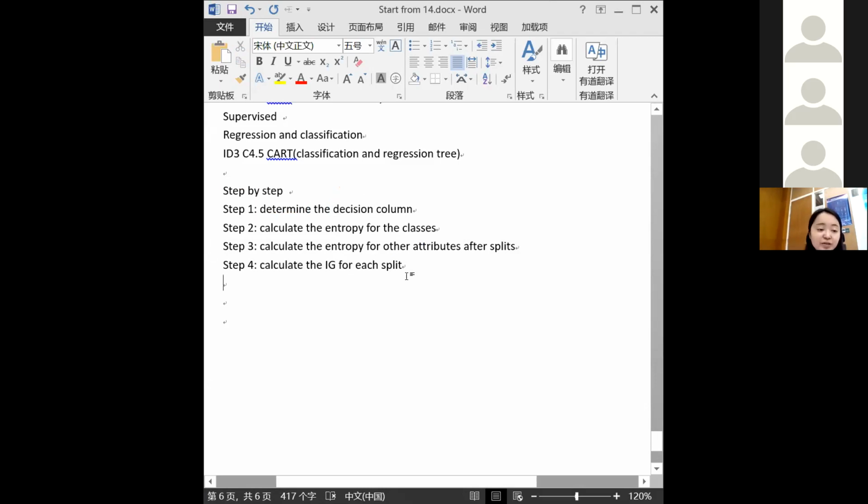Our aim is to make each subset as pure as possible. We need to check, if we split all the training samples according to this attribute, what will happen and what will be the information that's left. So the information gain is calculated from the split using each attribute.